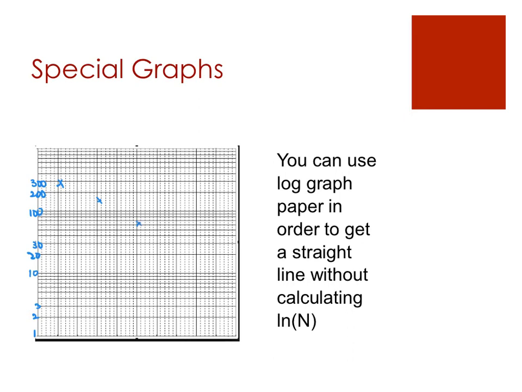I am going kind of quickly here, so if I don't have it exactly right, don't get upset. And I'm going to be around 37, and then I'll have 18. And you can see that these numbers that I'm doing are giving me a pretty straight line, and I didn't have to calculate the ln value of them.